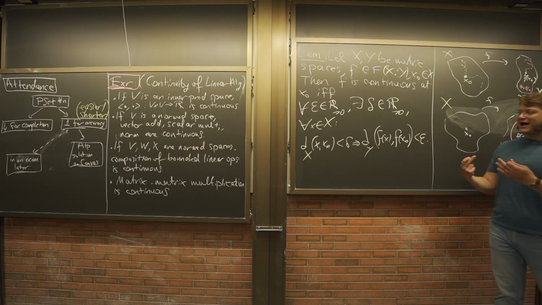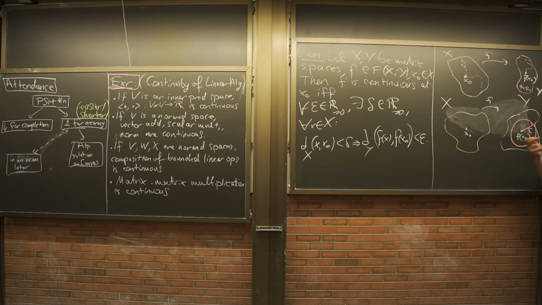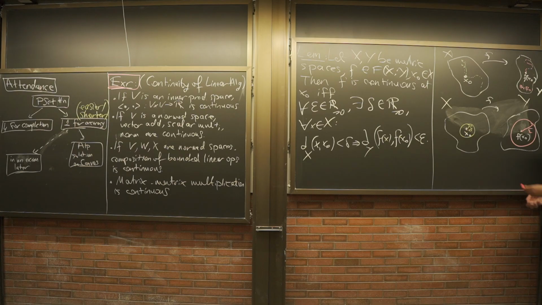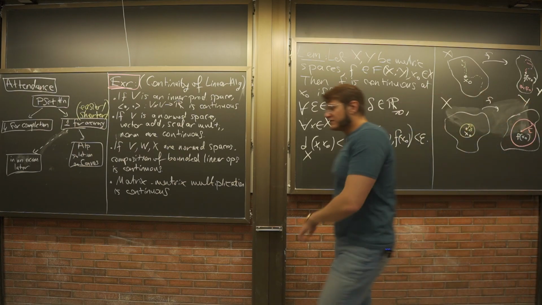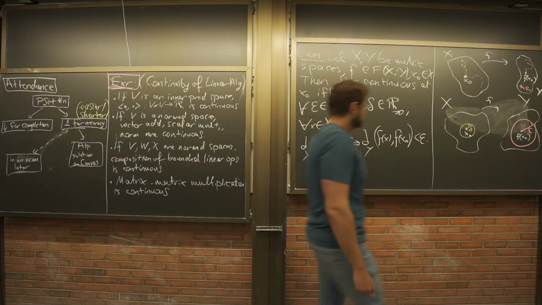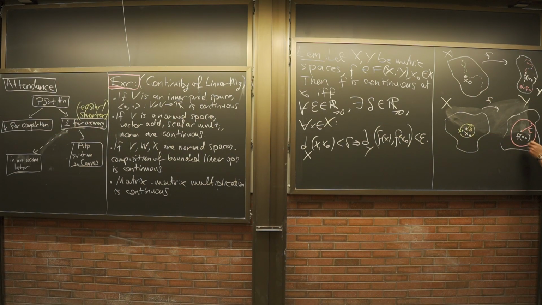Now that I have a bounded amount of error, I should have some limit as to how much I need to control my input. Within a delta, such that any point within delta of x0, let's say here, gets mapped to some point within epsilon of f of x0.